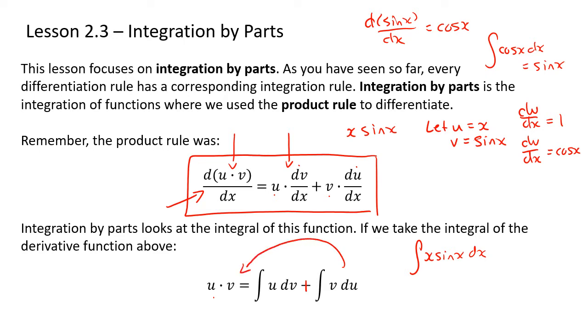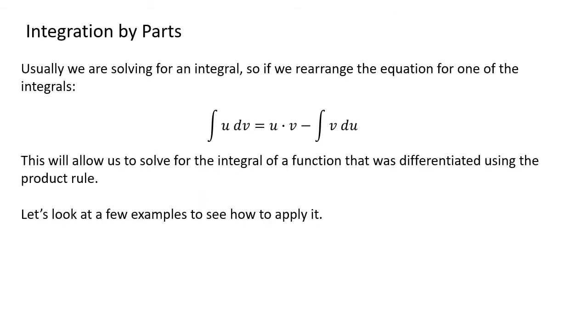In this case, we'll move v times du to the other side of the equation. If we do that, we end up with the integral of u times dv equal to the function u times the function v minus the integral of the function v times du.